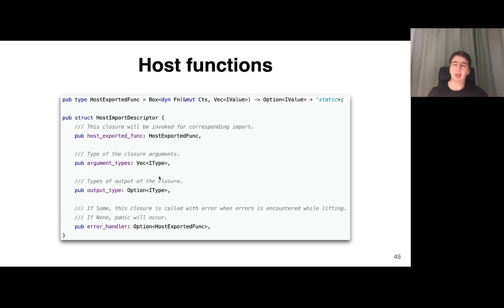And the last one is an error handler that will be called if lifting values failed. It is the last way to do some cleanup, or, for example, to produce some other default IValues in case of failure.